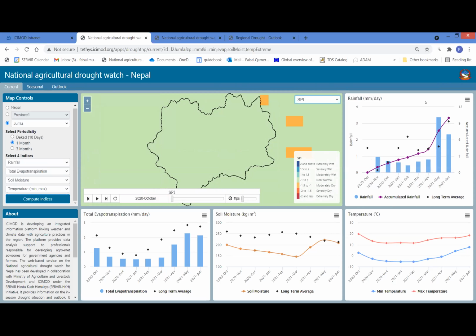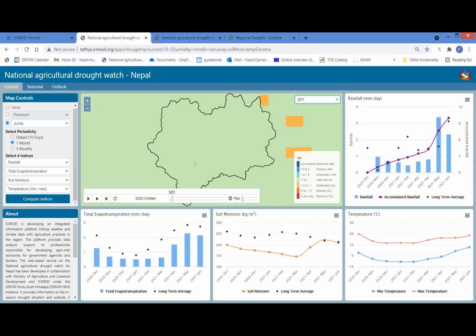Our colleagues from Nepal must know that this time it was severely dry. This black dot is showing us average conditions, and this blue is the current condition. So this is the situation so far in Jumla.